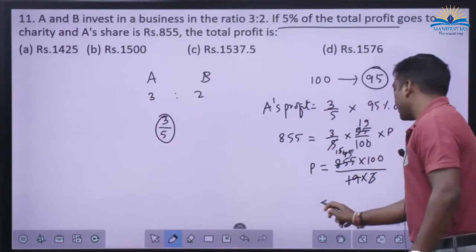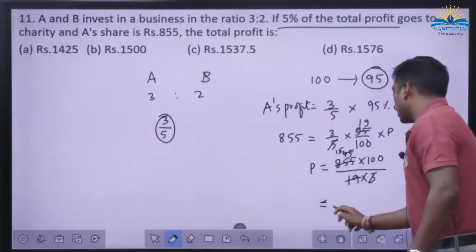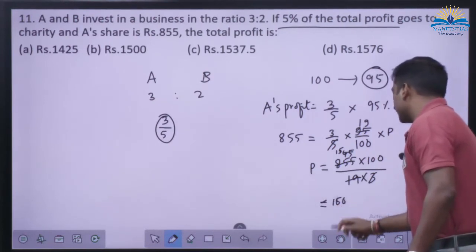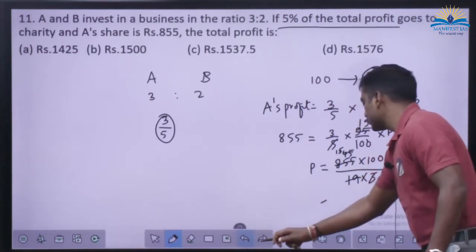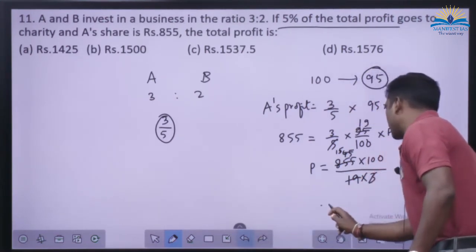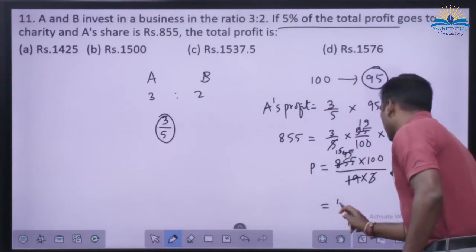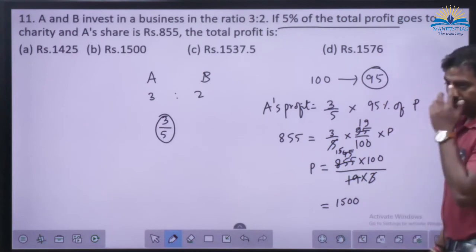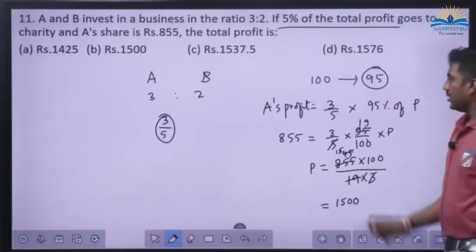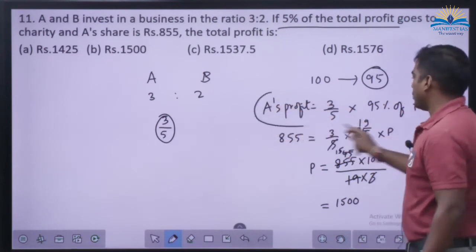So this totally is 15. Profit is equal to 1500. Okay, done. Writing this term is very important.